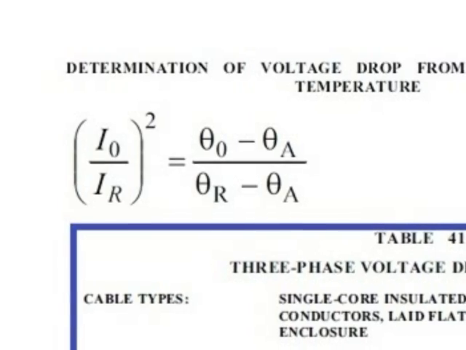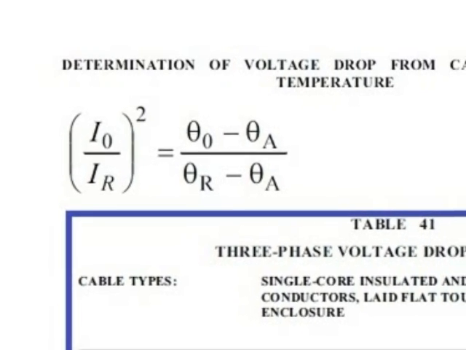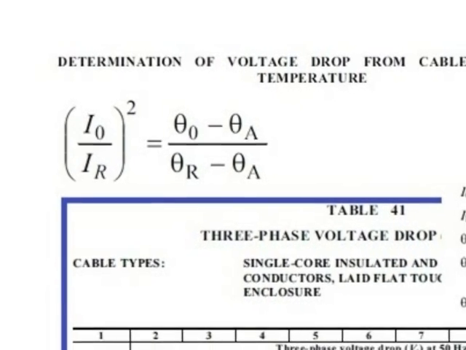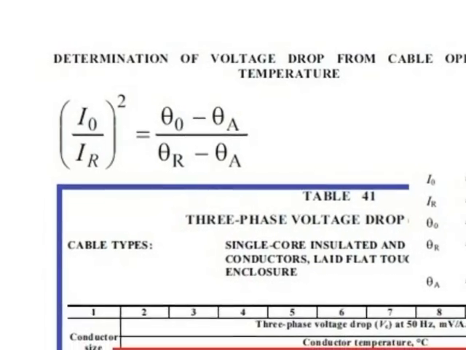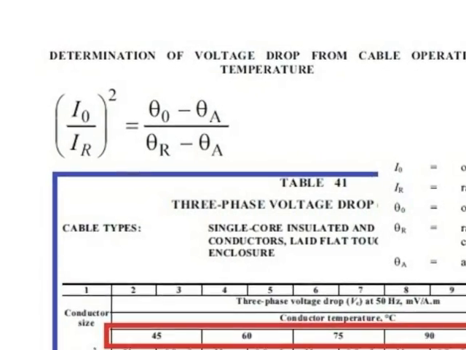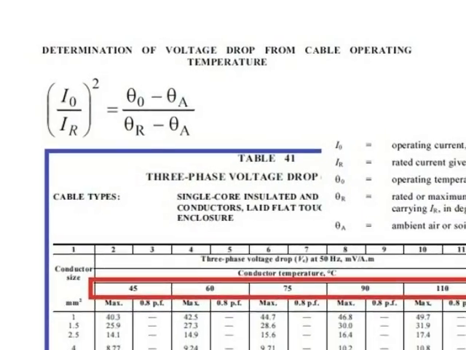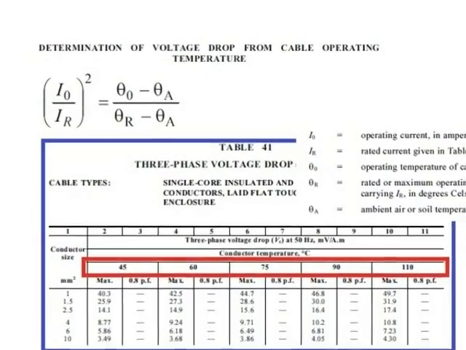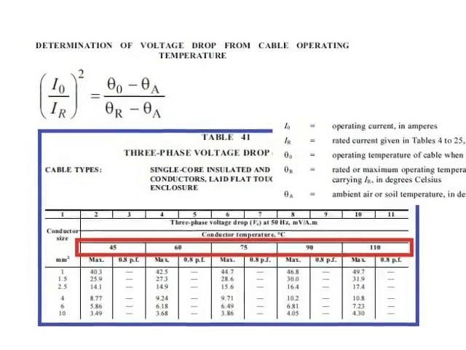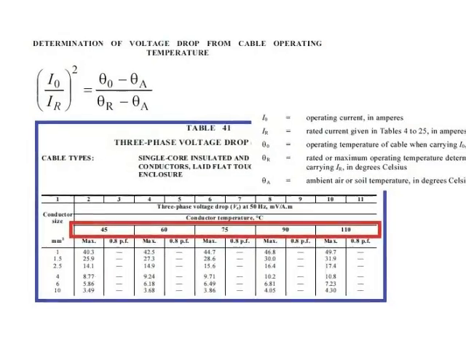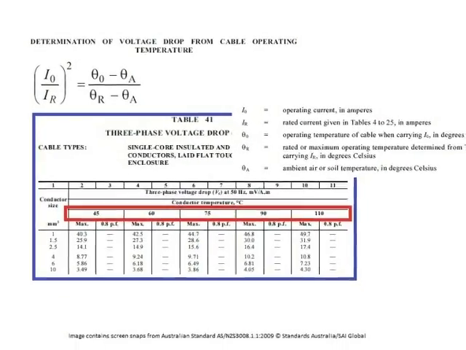We also have the formula here for cable operating temperature to determine the actual cable operating temperature, which is a more accurate use of the volt drop tables. However, we won't be going to this extent. We'll simply be sticking with the Vc calculation, and won't be going any further than that.